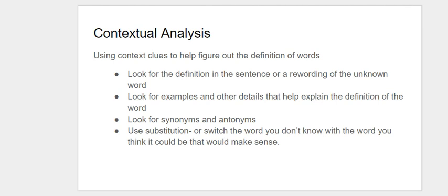Or if you were to use an antonym of the word, you would say the boy was very kind to the dog. He was not mean to the dog. Also, you could use substitution, or you could switch the word that you don't know with another word. So if you were to use the word kind, you would say the boy was very nice to the dog. So you substituted the word nice for the word kind.